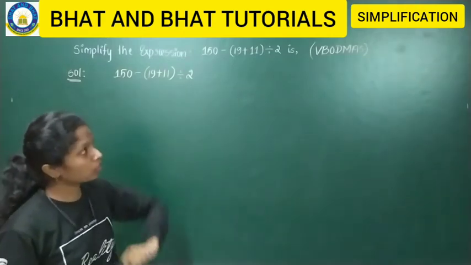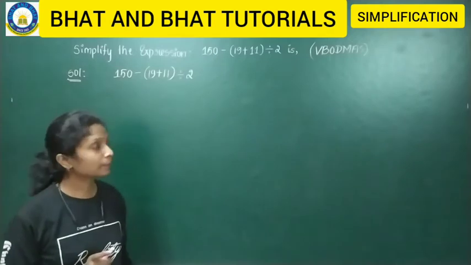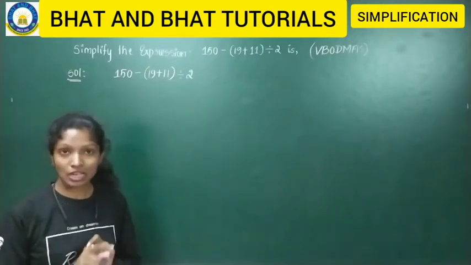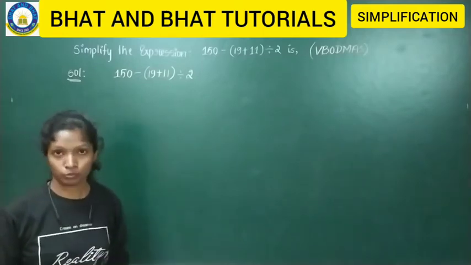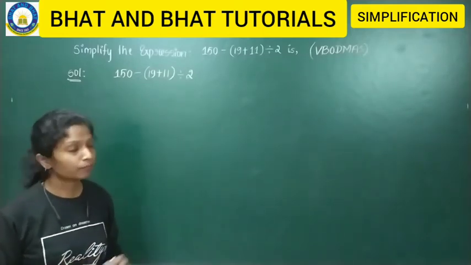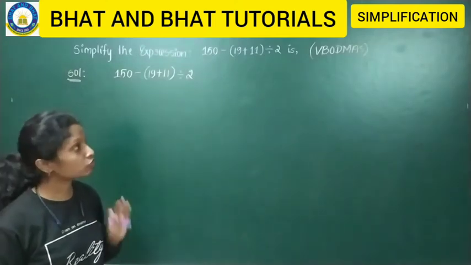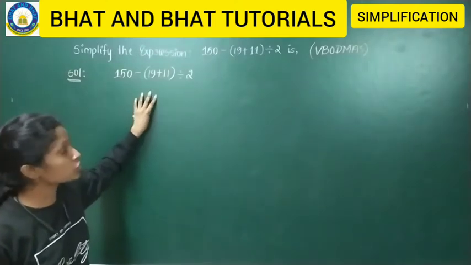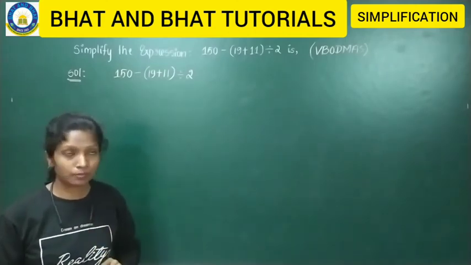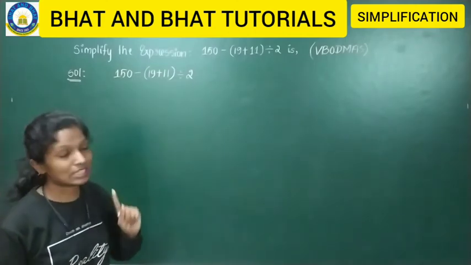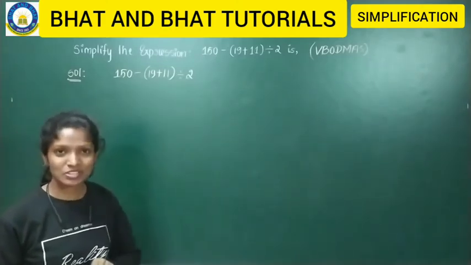According to the VBODMAS rule, V stands for vinculum bar, and in the question there is no vinculum bar, so we are not going to concentrate on V. Next we have B, where B stands for brackets. Yes, one correction: we do have brackets in the question.